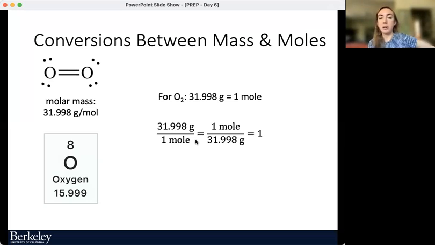If you just know that the molar mass is grams per mole, then you can flip it upside down to get moles per gram to do the conversions. Does this make sense? So don't try to memorize, here's when I multiply by 31.998, and here's when I divide for oxygen. You just want your units to cancel out.